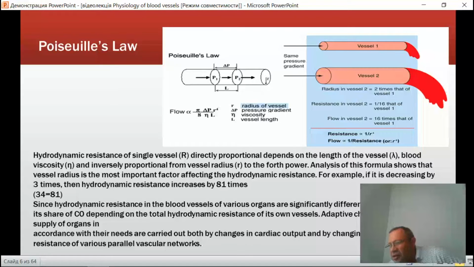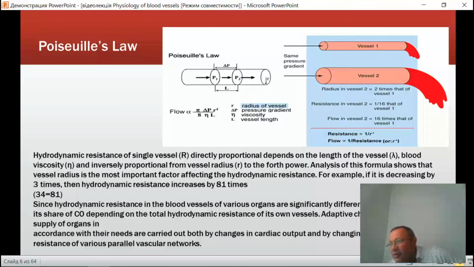Adaptive change in the blood supply of an organ in accordance with its needs is carried out both by change in cardiac output and by changing the hydrodynamic resistance of various parallel vascular networks.